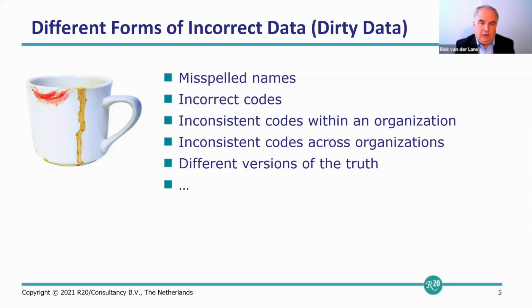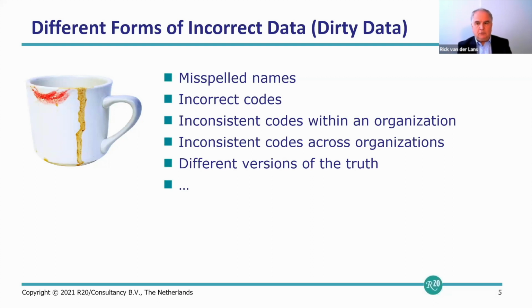What you could try to do is look at whether the names are the same, whether the addresses are the same, whether some other attributes are the same, and then maybe say these are probably the same customer. But that's risky to do. You will never have a 100% guarantee that what you're integrating is really perfect. Mind you, inconsistent codes within an organization are not what we like. It just happens because in different systems, different applications, we use different sets of codes to identify certain objects.